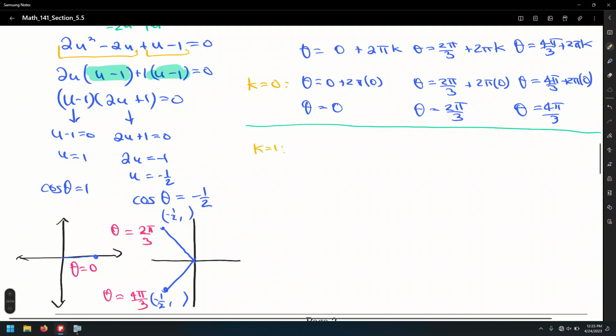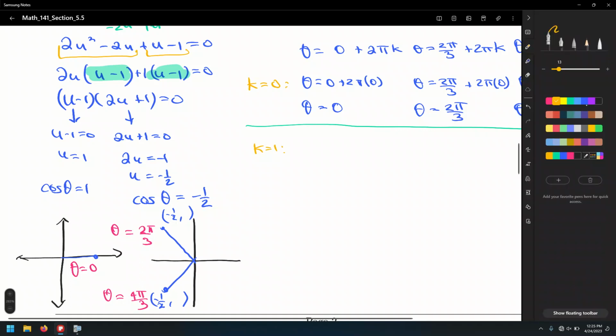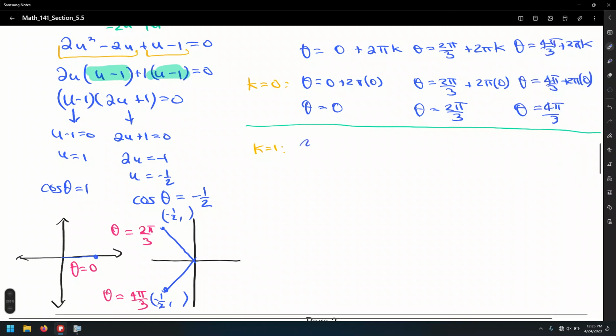And you will find out weird stuff when we evaluate this for k equals 1. Check this out. That's going to be theta equals 0 plus 2 pi times 1 for the first generating expression. Then theta equals 2 pi over 3 plus 2 pi times 1. And theta equals 4 pi over 3 plus 2 pi times 1.